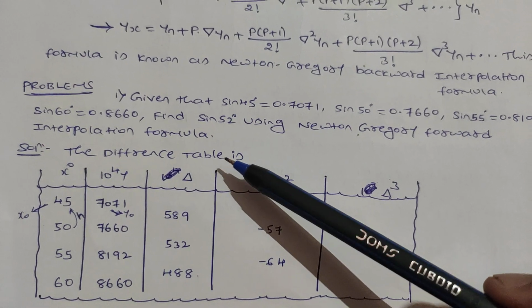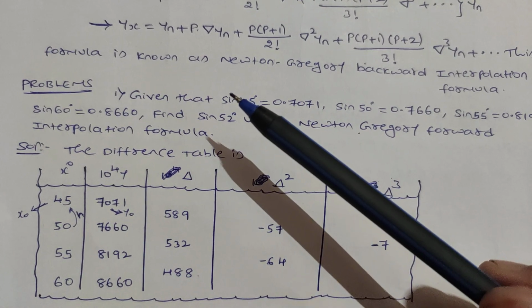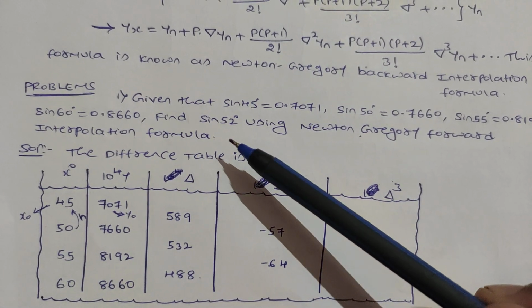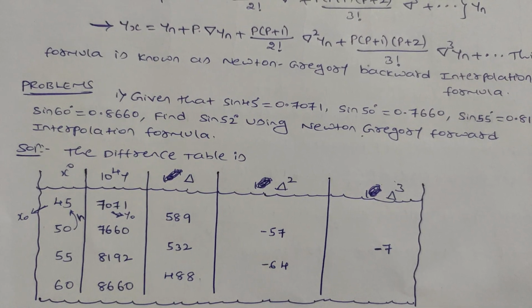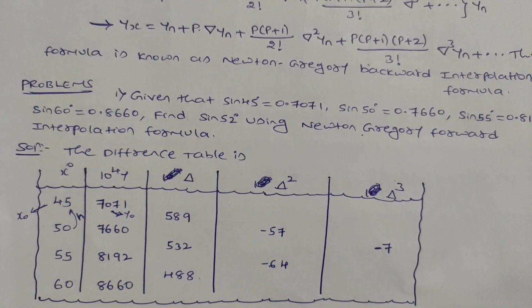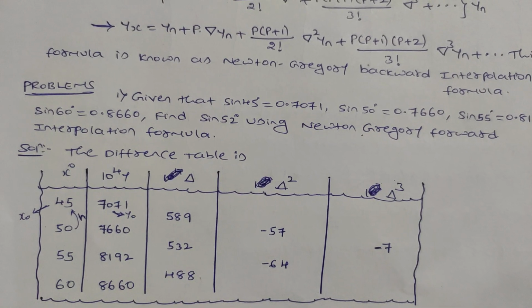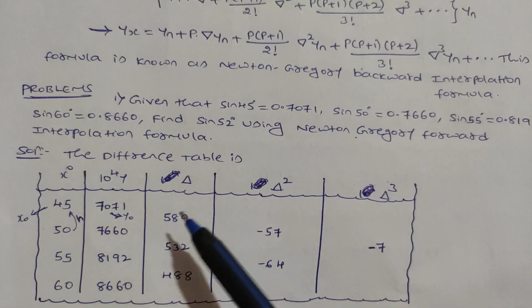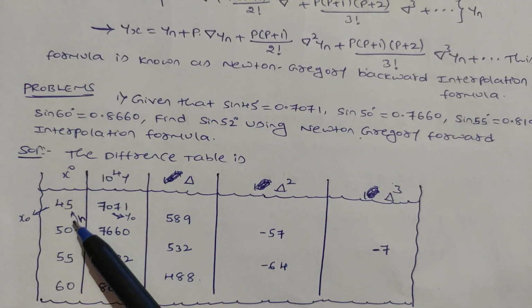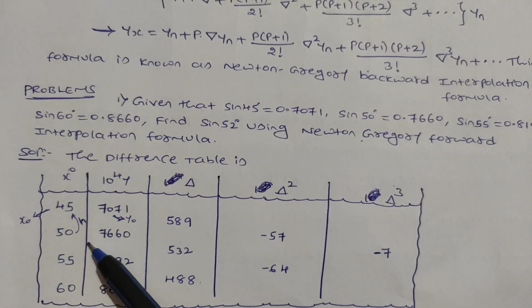Now here we require to determine the value of p, x naught, y naught and h. So x naught will be given in the problem, y naught will also be given in the problem. h is nothing but the difference of x, that is, here h can be considered as 50 minus 45 which is equal to 5, or 55 minus 50 which is equal to 5.